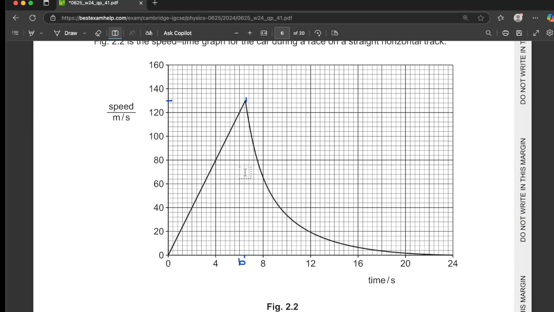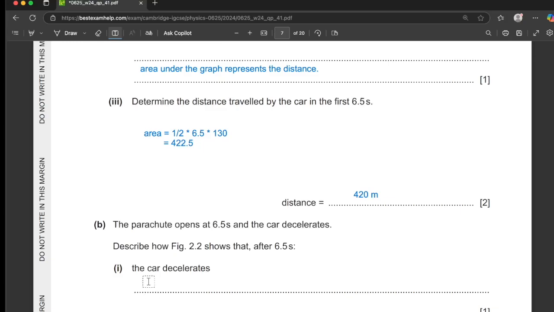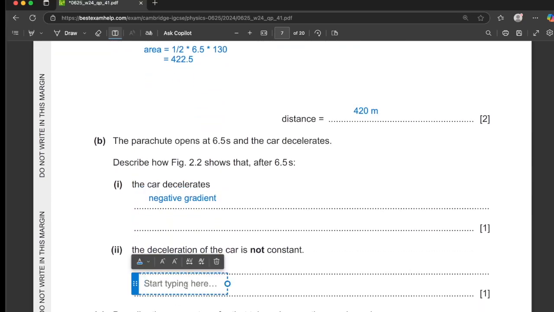So the gradient is negative, so we can just write negative gradient. And the deceleration is not constant, because the gradient is not constant. How do you know it is not constant? It is because the graph is a curve.